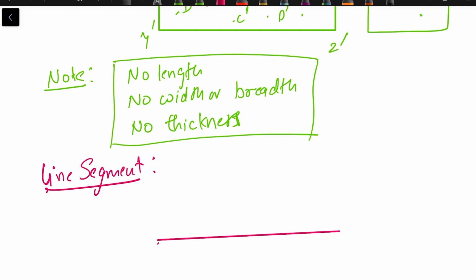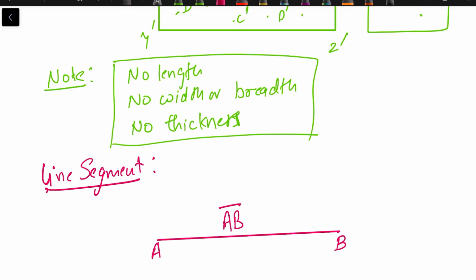This is the point A, and this is the last point, here I have denoted it as point B. So the line segment between the 2 points A and B is known as a line segment. This AB, we are representing as a line segment.